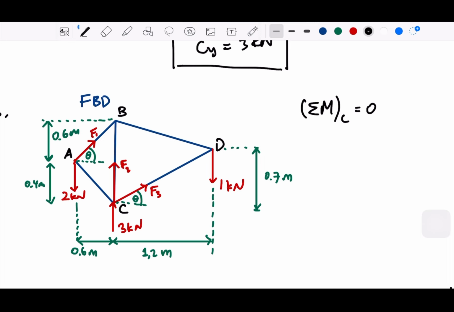That is with the help of the angle, and we know the angle since this is 0.6 for this one and this one is 0.6 also, so the angle will be pi over 4, right? Because it has the same length. We could take tangent theta equal 1, so theta is pi over 4. That's the angle there.